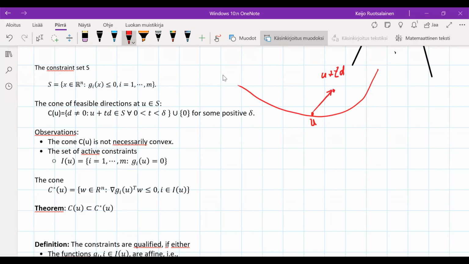So d belongs to the cone of feasible directions.